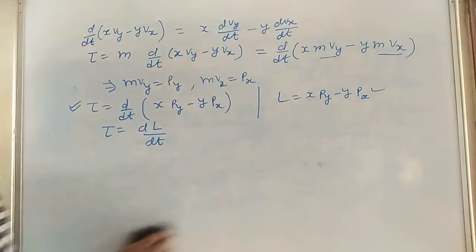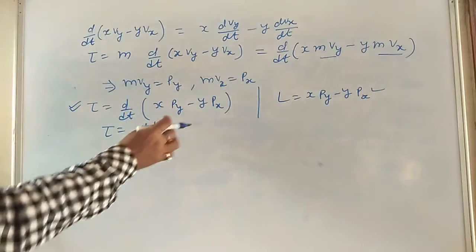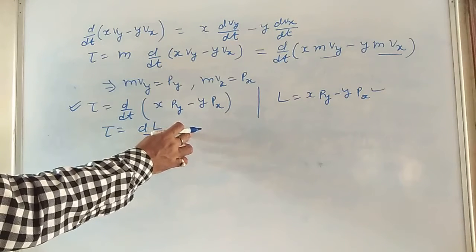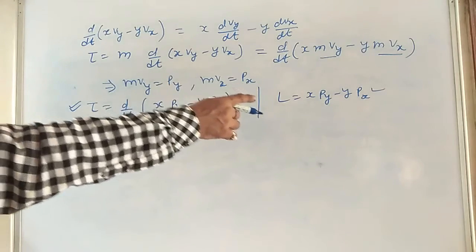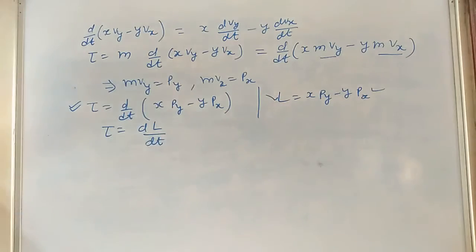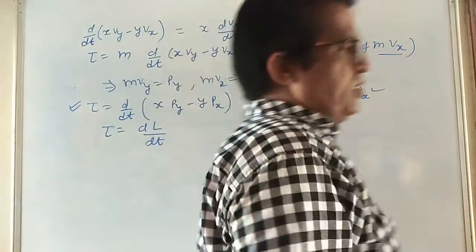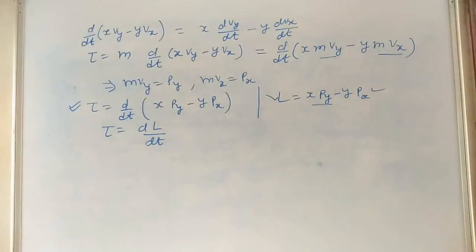Now, dear children, this L is the angular momentum of the body. This is the expression that we are getting here, the expression for the angular momentum in Cartesian coordinates.